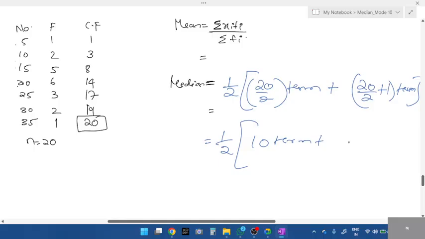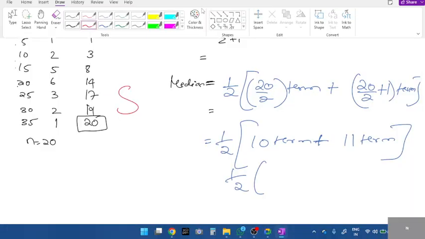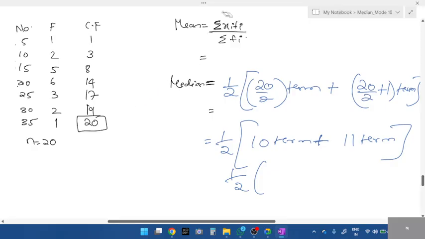Or did you take LCM for this? 11th term. Then what is the 10th term? Where is 10 present? In between? Between S. Where is S given here? Okay, how do you solve, students? All of you tell me, how do you solve?